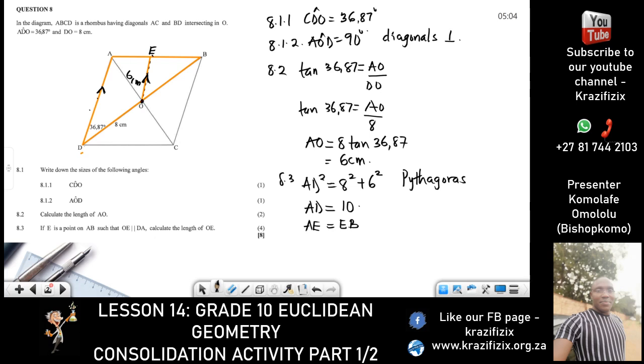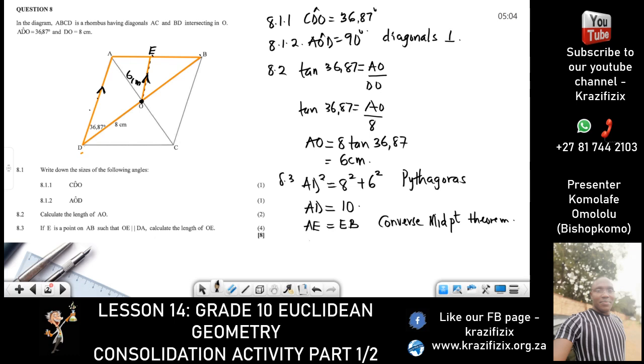And we know that O is the midpoint of DB because diagonals bisect each other. So we can then say AE is equal to EB, which is the converse of our midpoint theorem. I hope that makes sense.